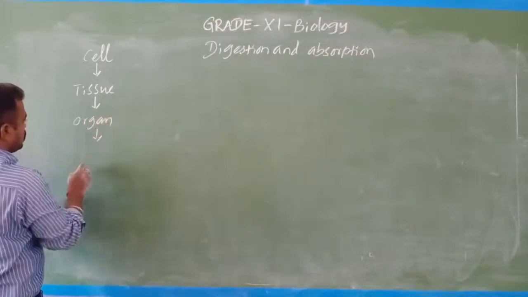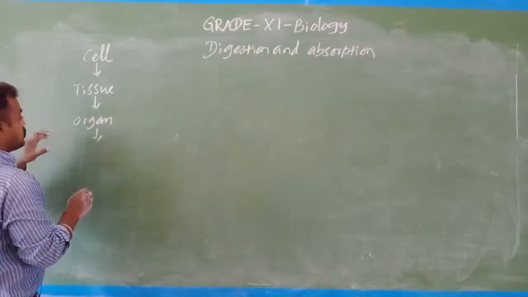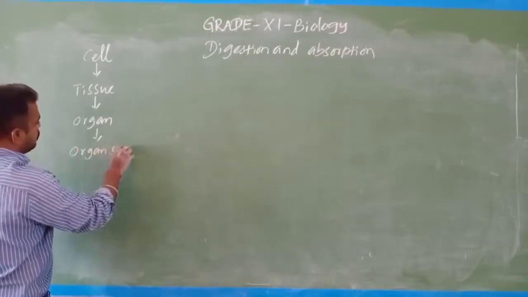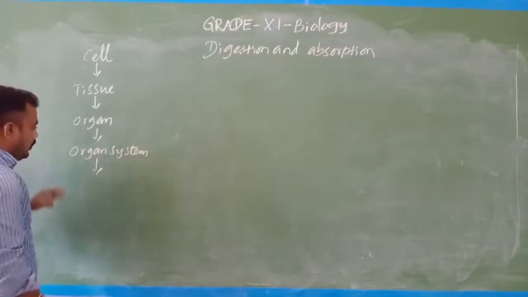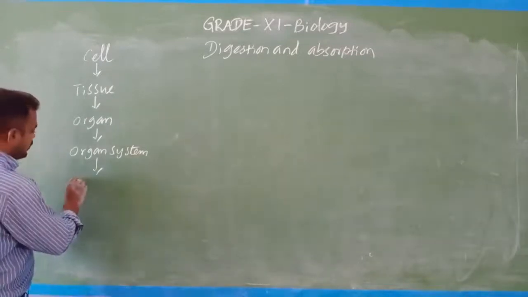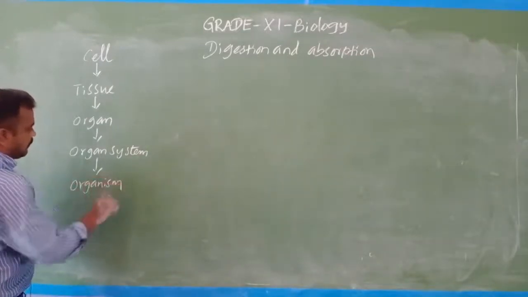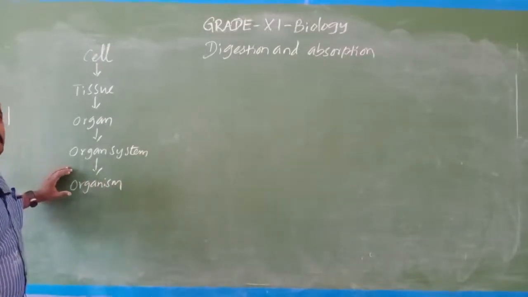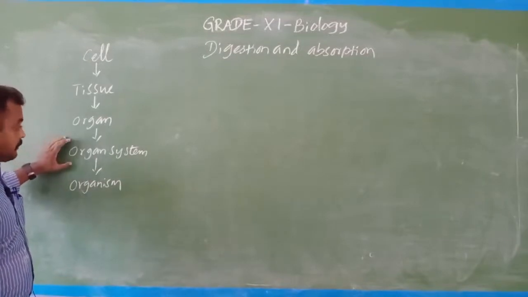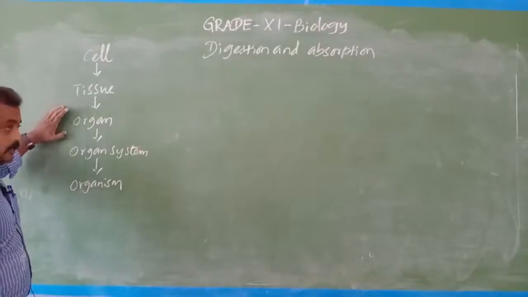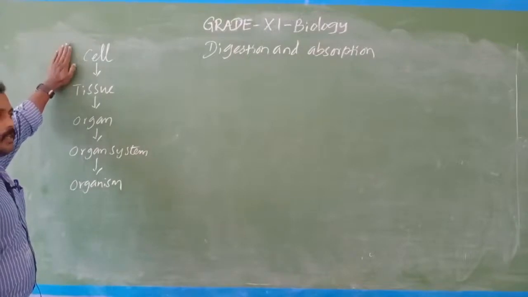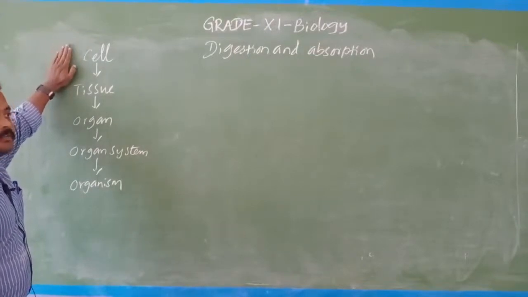Then one or two organs join together and form an organ system. Several organ systems form an organism. If you take one organism, for example a human being, it is made up of different organ systems. That organ system consists of organs, that organ is made up of tissue, and the tissue is made up of cells. That is why the cell is the fundamental unit of all living organisms.